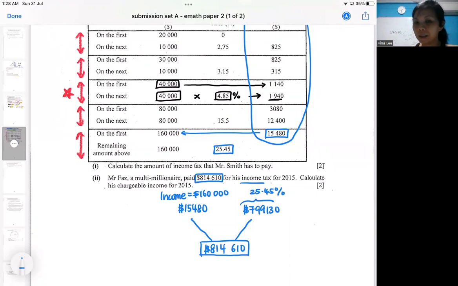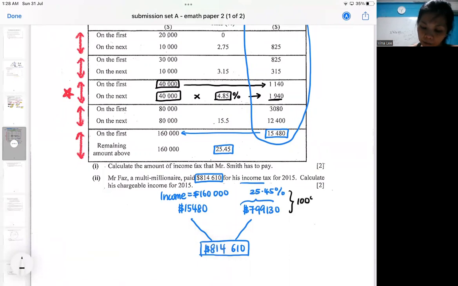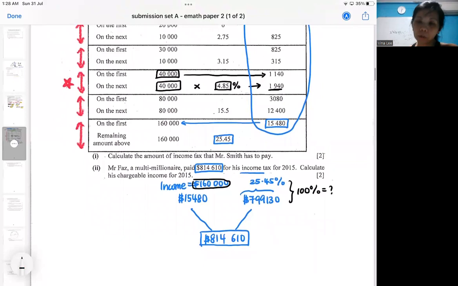So what is his income? You have to calculate based on this part, what is his 100%, and then you add in the 160,000. If you know a tax amount, the tax amount will have come from 2 baskets.